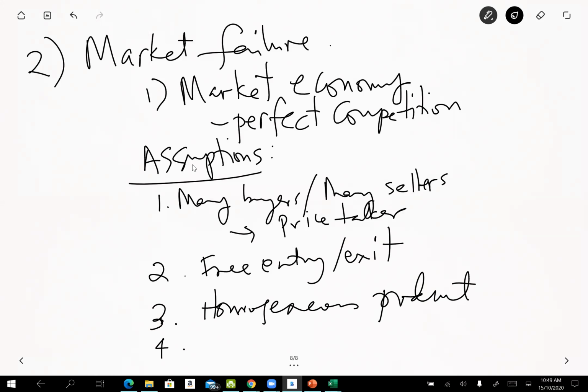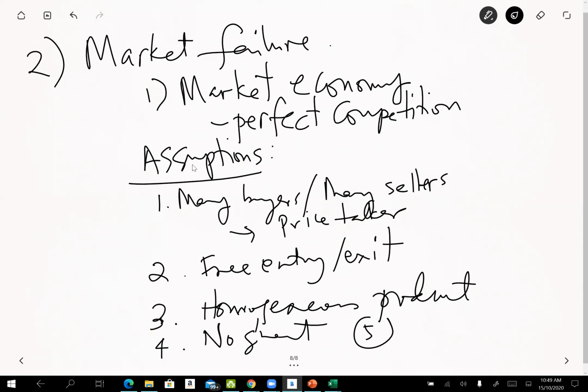No price control. No price control means no government. It's a free market. Free entry, free exit. The government doesn't interfere with the market. So no government. What else? Is there anything else? I think basically these are the things, right?